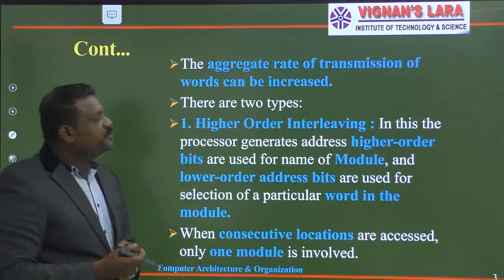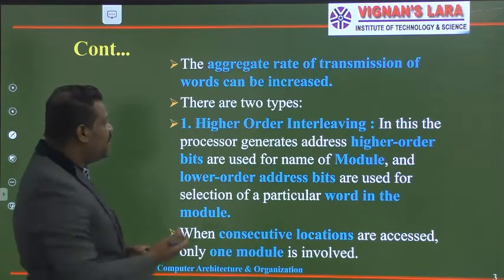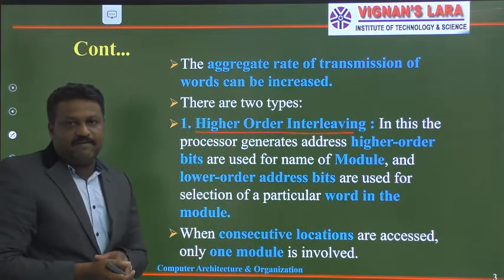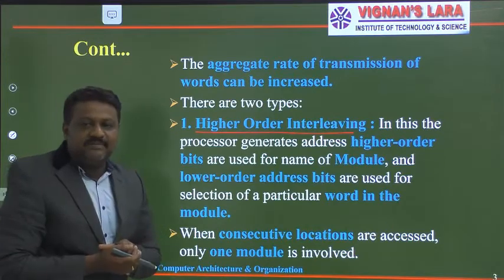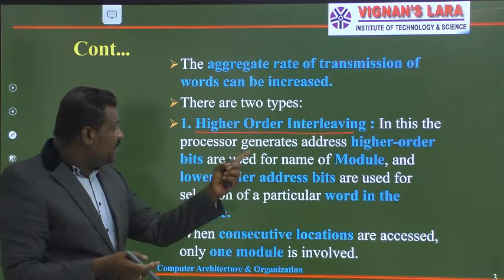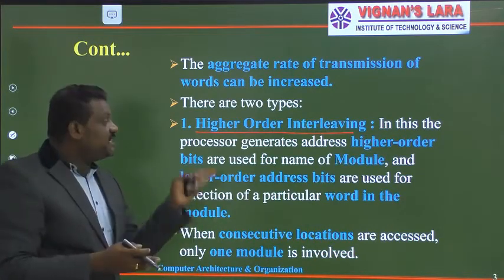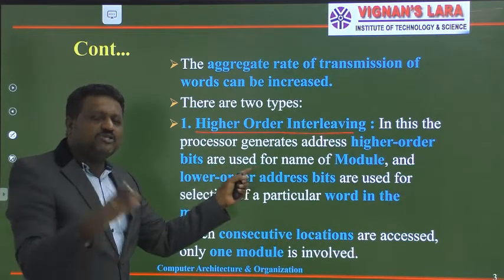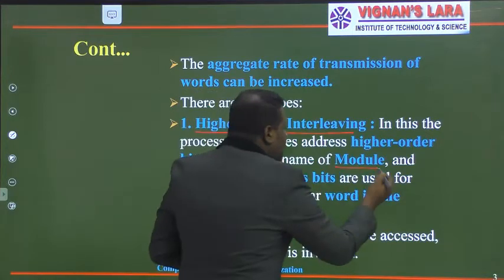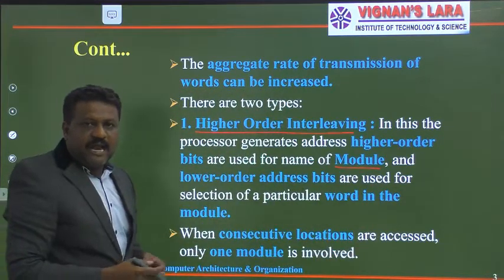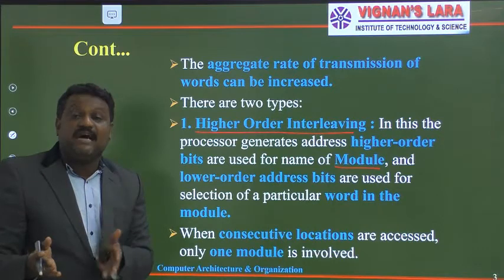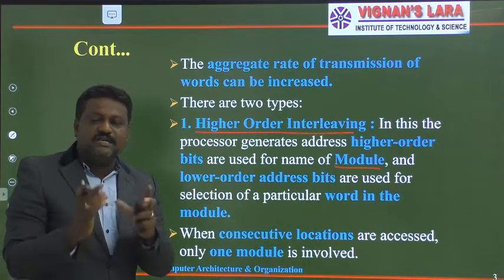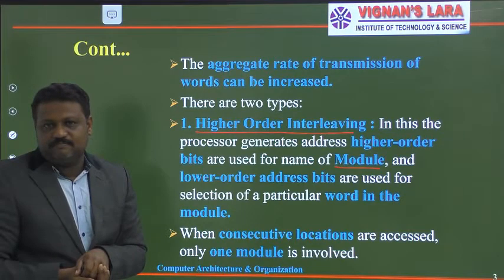There are 2 types of memory interleaving. The first one is higher order memory interleaving. What is higher order memory interleaving? In this, the processor generates an address. The higher order bits are used for selection of a module, or the name of a module, and the lower order bits of the generated address are used to select a particular word address in the module.